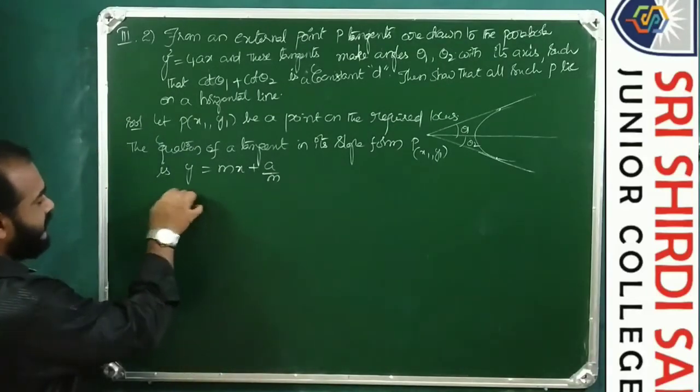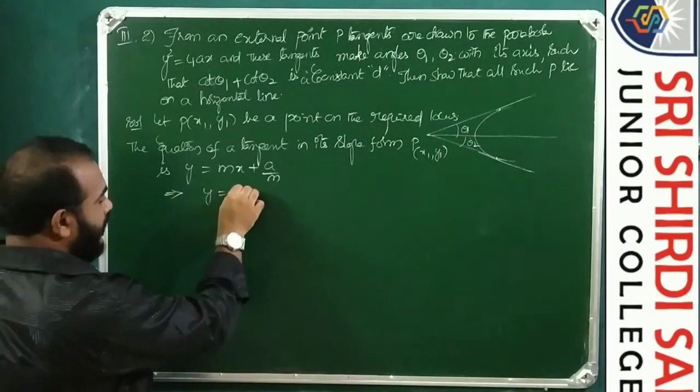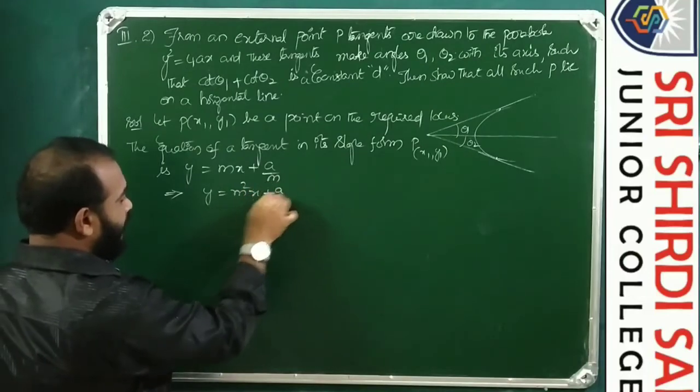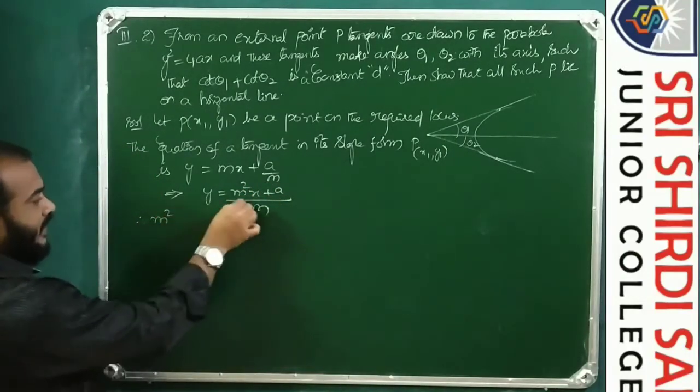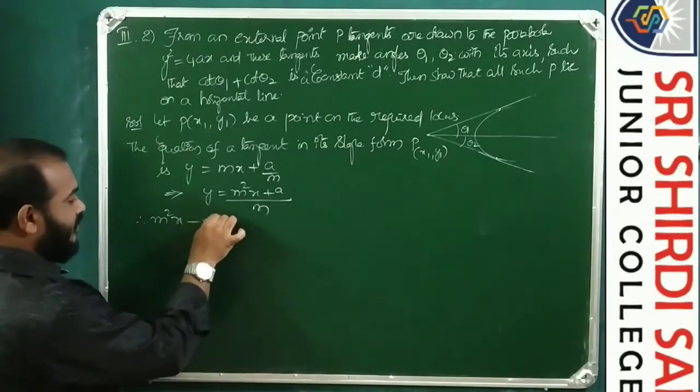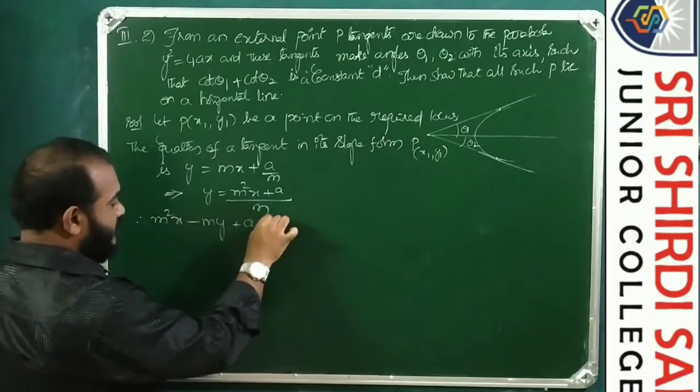So this implies y equals to m square x plus a by m. Therefore m square x minus my plus a equals to 0.